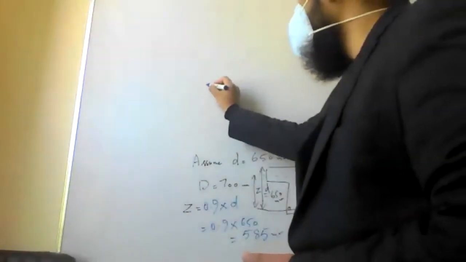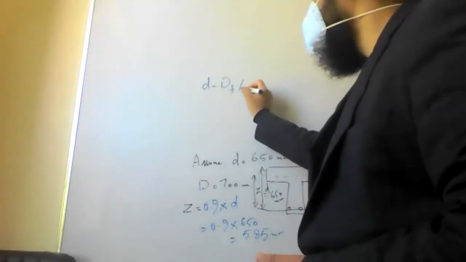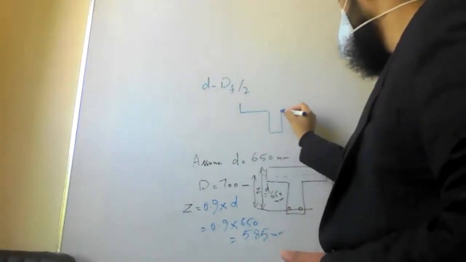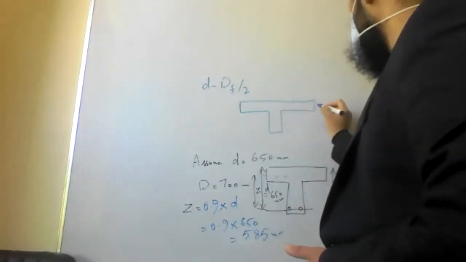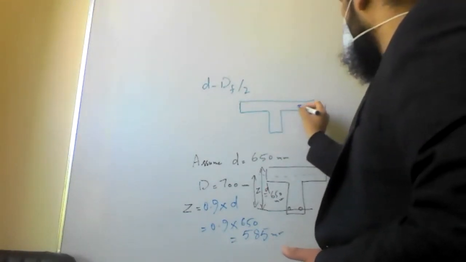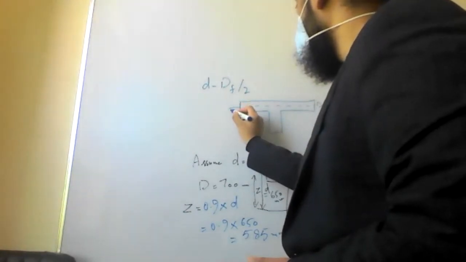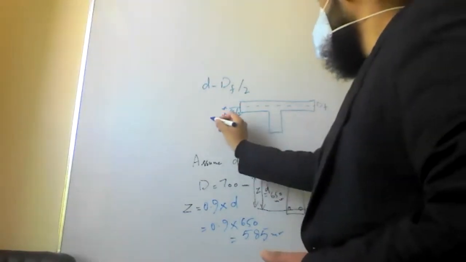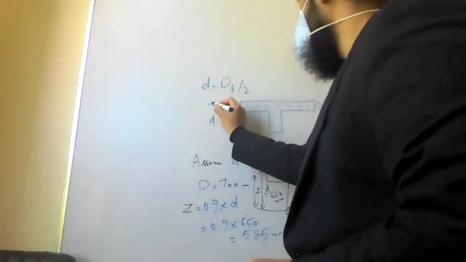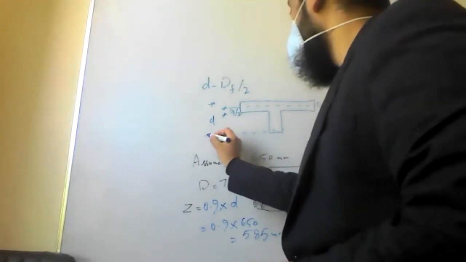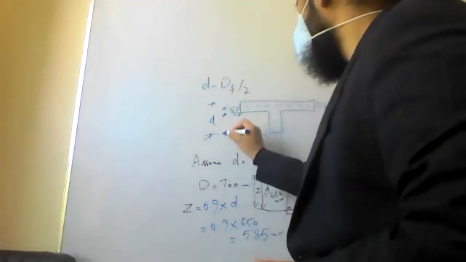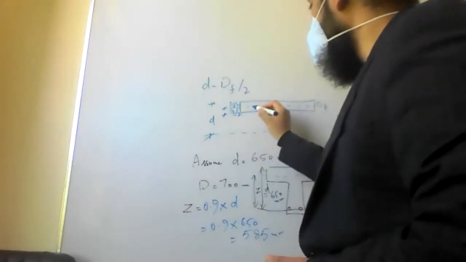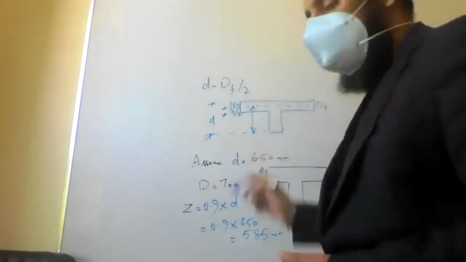Now, what would be d minus df by 2? What would that give you, first of all? This is df. df by 2 is somewhere here, from this point till this point. So your d, which is from here till here, minus df by 2 would give you this much.